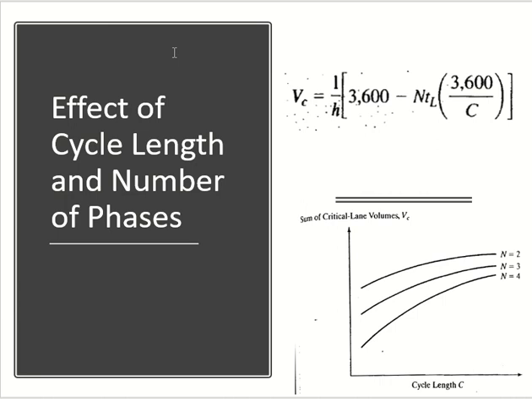And then we have N, which is the number of phases. So these are the things we can change. This is part of our design. Designing signals, you can play with the number of phases, and you can play with the cycle length.